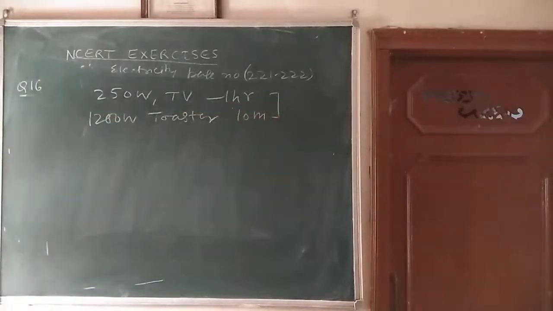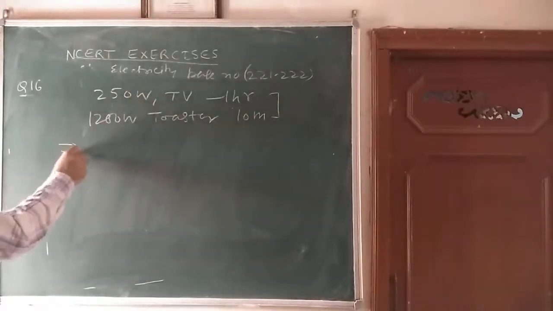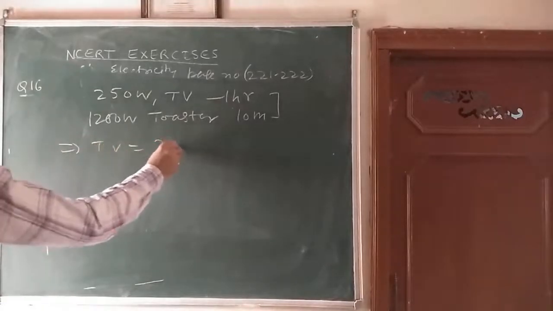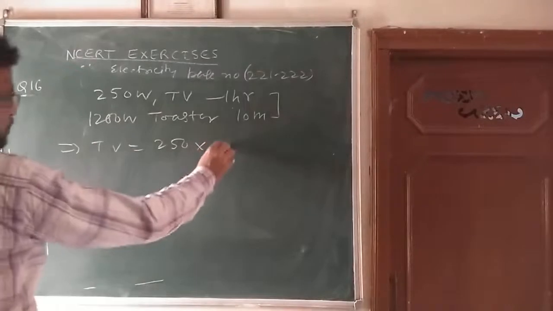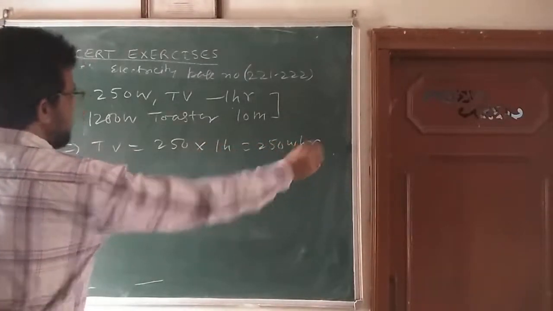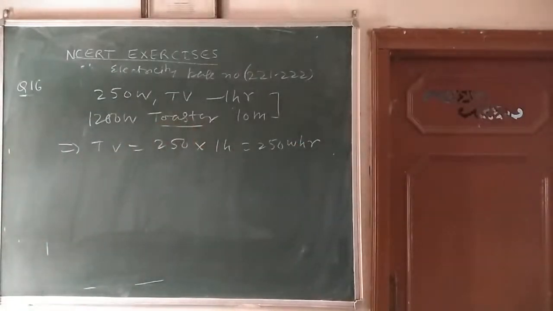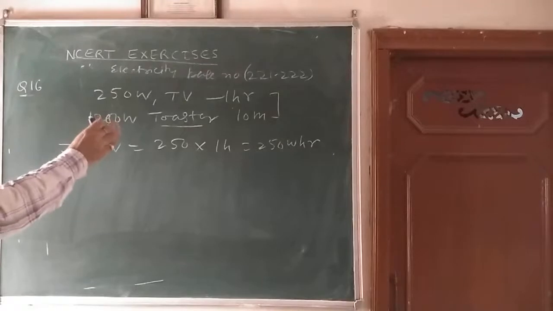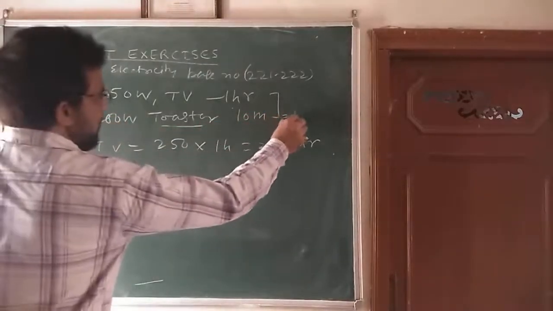Then it asks us which has more energy. So energy used by the TV is 250 into 1 hour, so this is equal to 250 watt hour. Similarly for the toaster, energy used by the toaster in 10 minutes. 10 minutes means 1/6 hour.